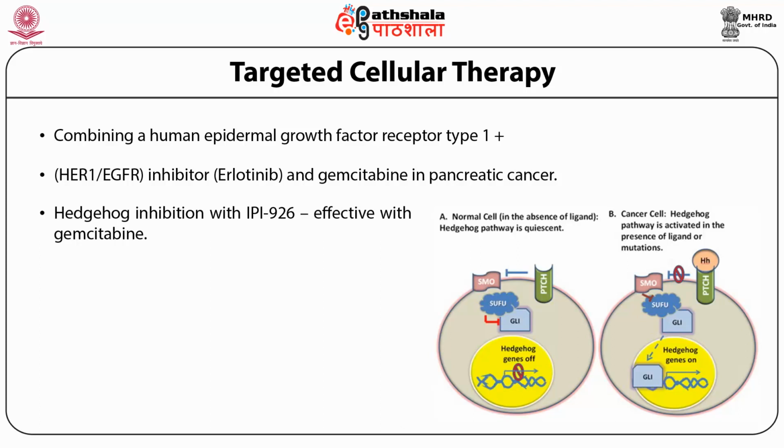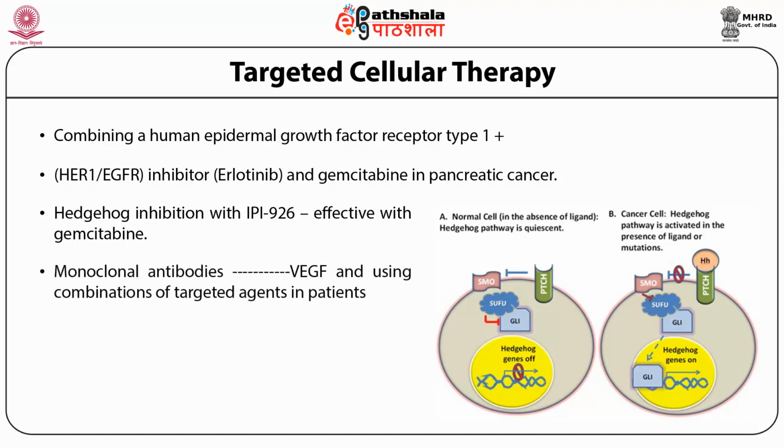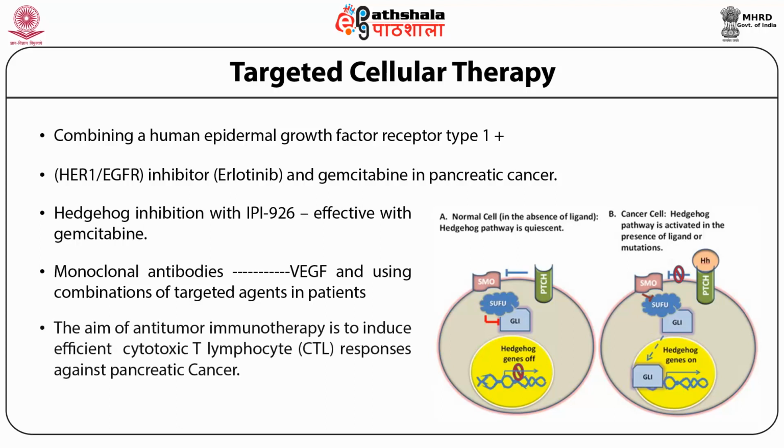Other than growth factors, we can combine VEGF or another growth factor and monoclonal antibodies against particular cytokines. Using a combination of targeted agents in the patients, we can certainly induce efficient cytotoxic lymphocytes in different cancers. The aim of immunotherapies is becoming prevalent beyond liver cancer, such as pancreatic cancer or gallbladder cancers also.